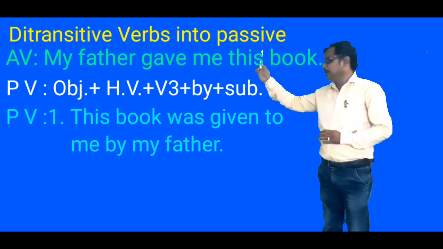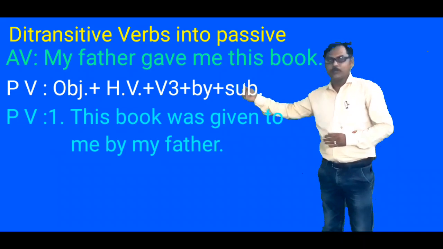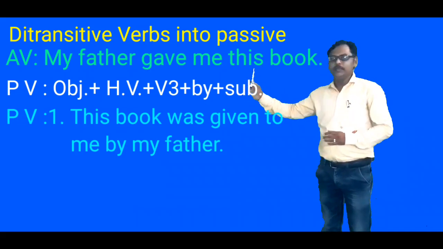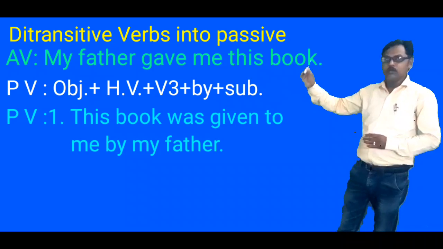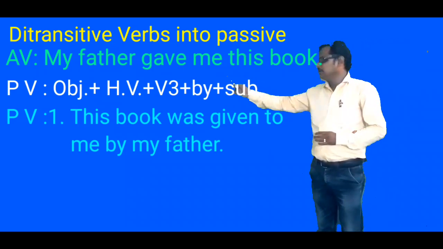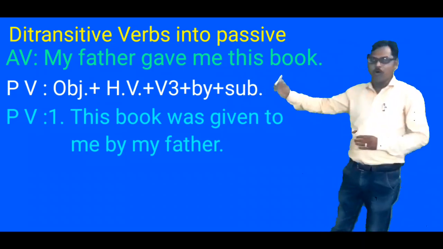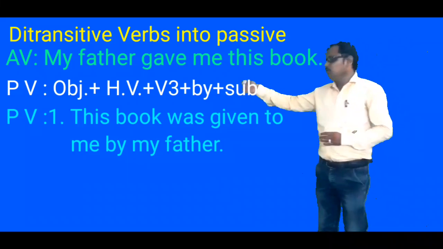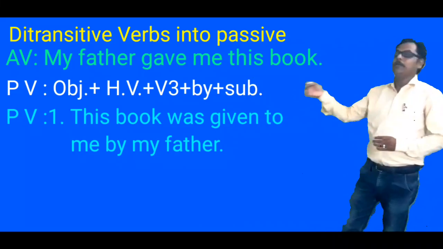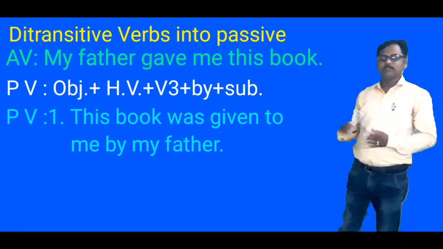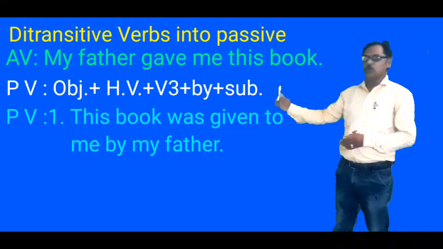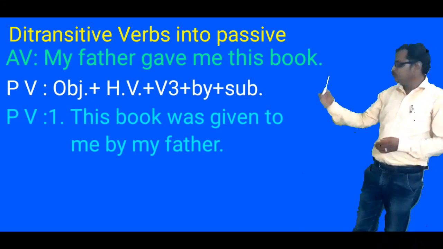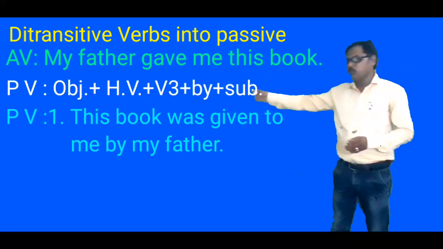This book was given to me. Here me is the personal pronoun, so we have to include it in the sentence. So this book was given to me by my father. So this is one example.